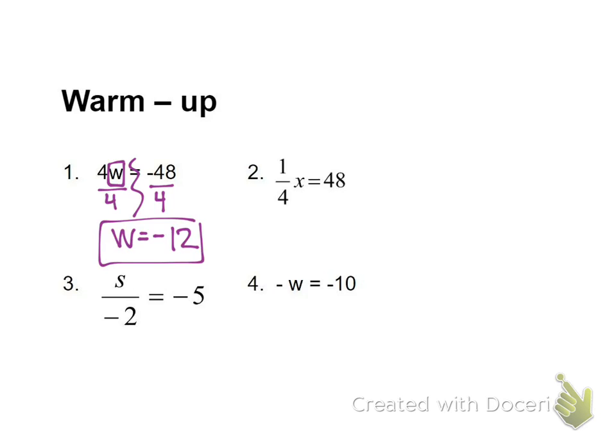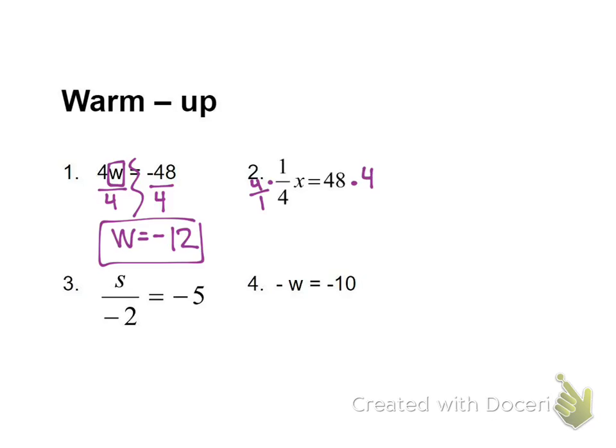On number 2, what should I be doing? We went over these types of problems yesterday. Switch it, good. And do what operation on both sides? Multiplication. We call that multiplying by the reciprocal.